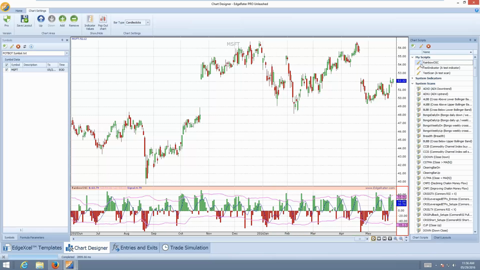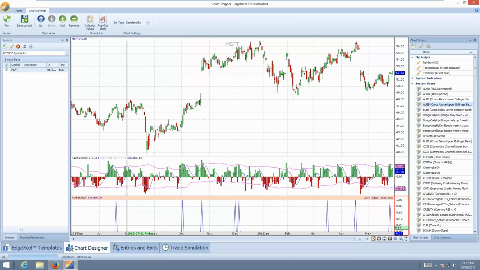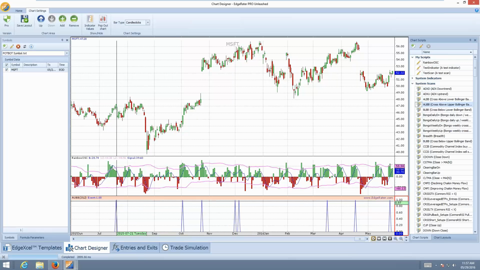Now obviously this script would be no good for running a test because it's not giving you events, it is giving you indicators. An event essentially is like an indicator, but it's just giving you a 1 value when the event or occurrence happens, and a 0 value when it isn't happening. So for instance, cross above upper Bollinger Band, AUBB, I could actually put this on the chart by double clicking, and now you see I've got ones and zeros whenever the cross happens.